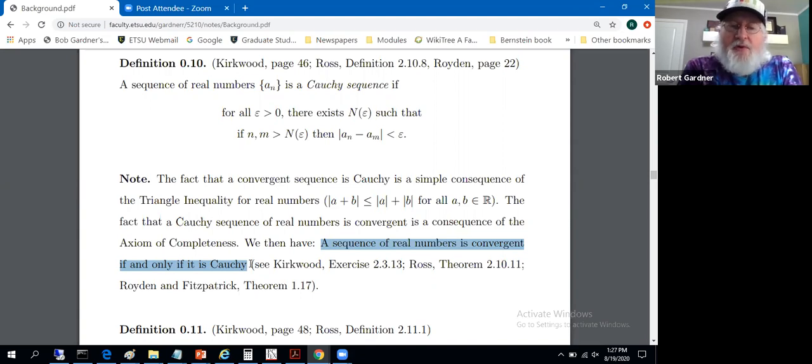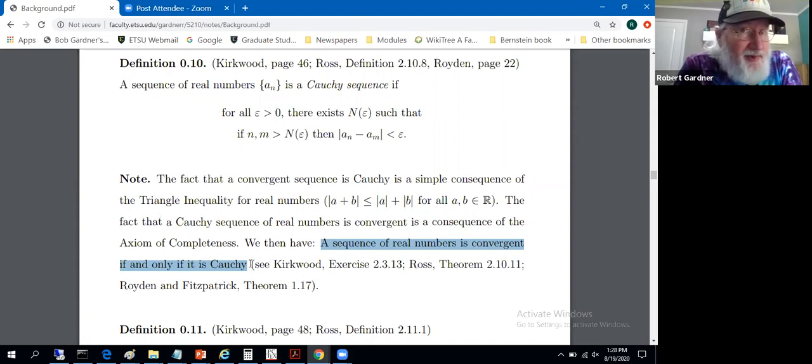You may encounter some other settings where you appeal to the behavior of Cauchy sequences in order to get completeness. The complex numbers are a continuum, the complex numbers are complete, but we set all this stuff up in completeness here in terms of upper bounds and least upper bounds, which means we use the ordering.